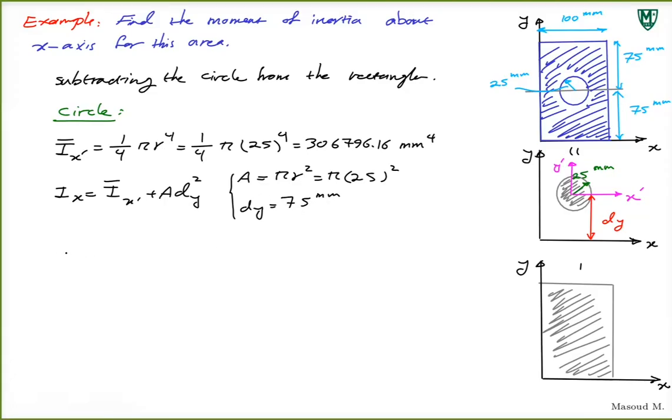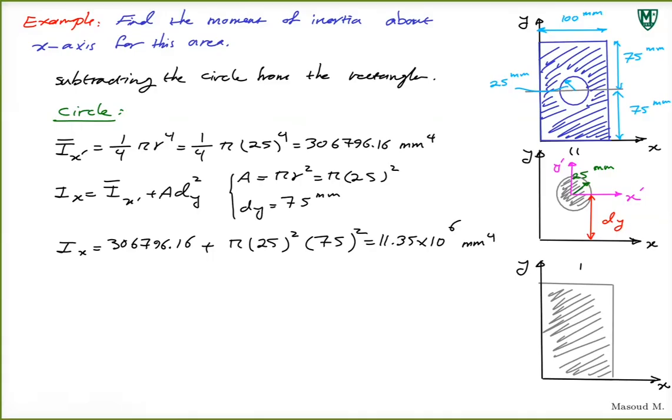So Ix is Ix prime, what I have there, 36,796.16 plus area, which is pi 25 squared, times dy squared, 75 squared. If you do this math, you will get 11.35 times 10 to the 6 mm4.